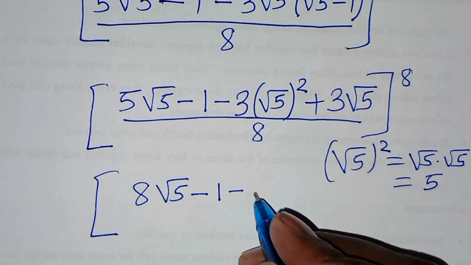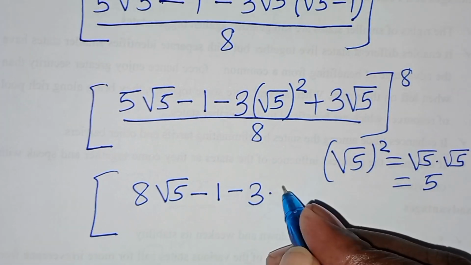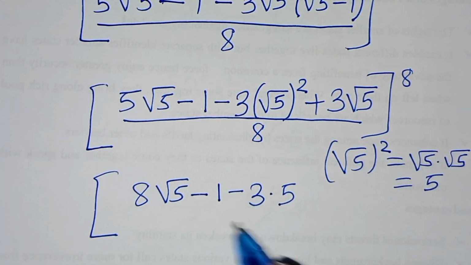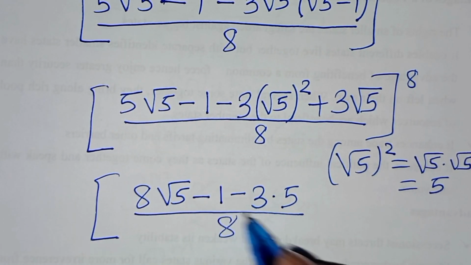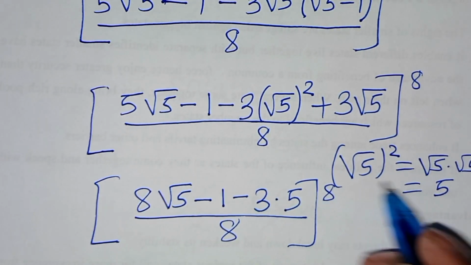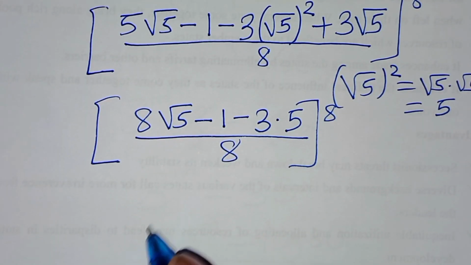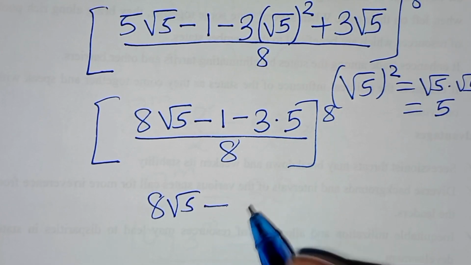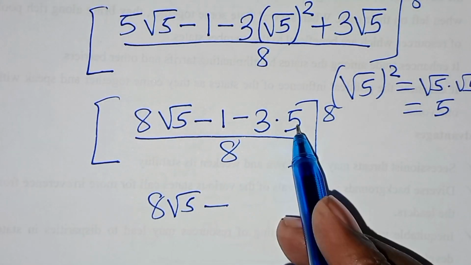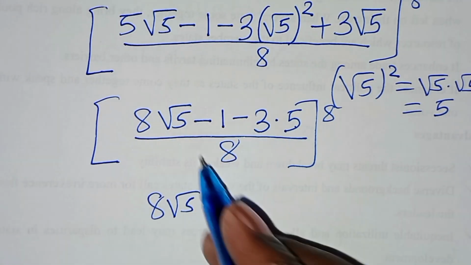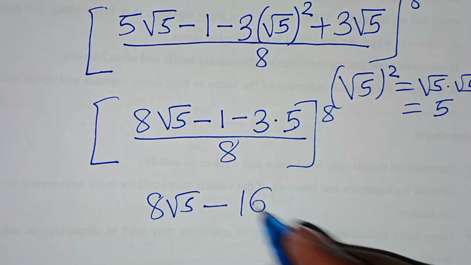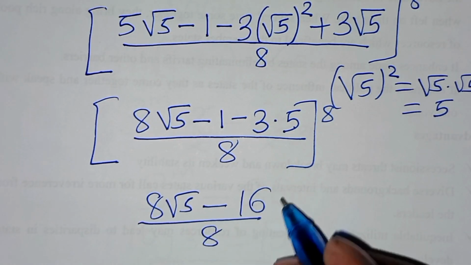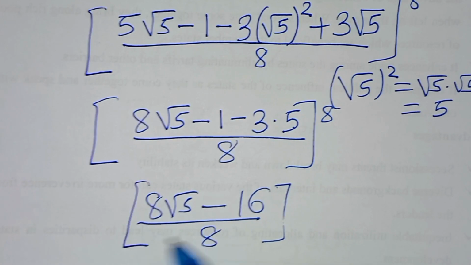Now let's substitute here. This is the same thing as 3 times 5. Then divided by 8, everything raised to power 8. So here we have 8√5, subtract 1 minus 3 times 5, this is 15, plus minus 1, this is minus 16, divided by 8, everything raised to power 8.